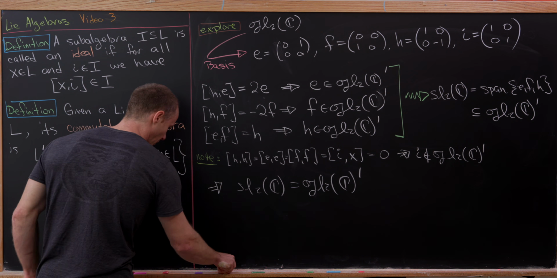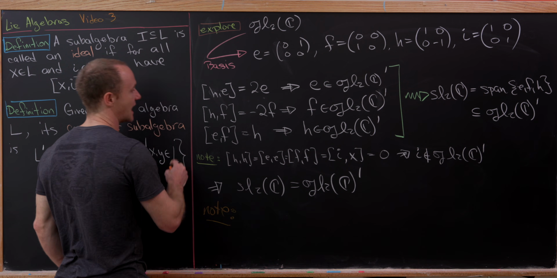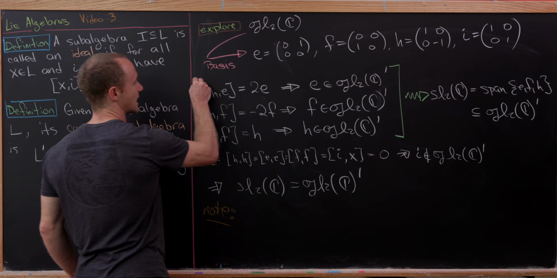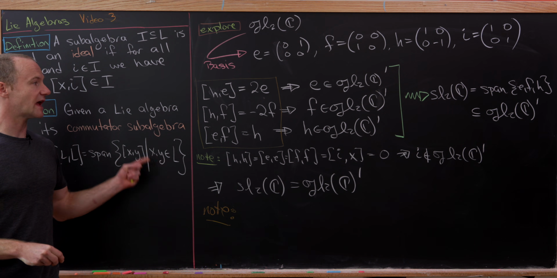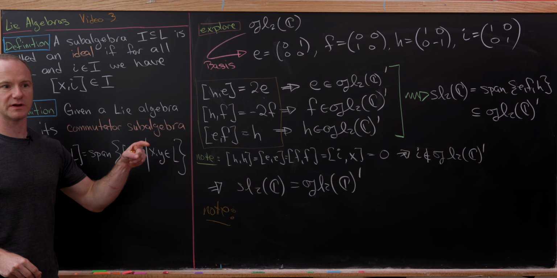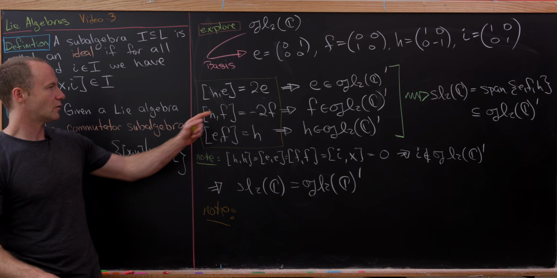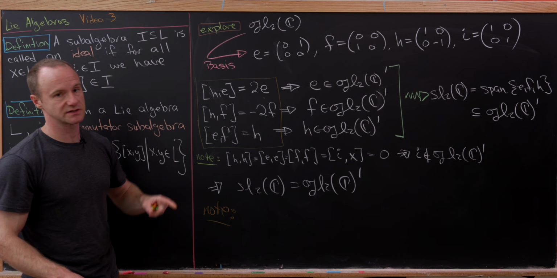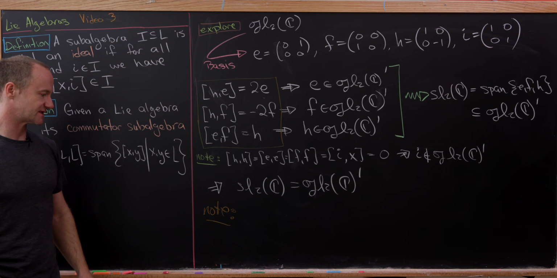Furthermore, let's note that just by these equations right here, we see that every element of SL2 can be written as the bracket of other elements in SL2. That's because every basis vector of SL2 can be written as brackets of basis vectors of SL2.